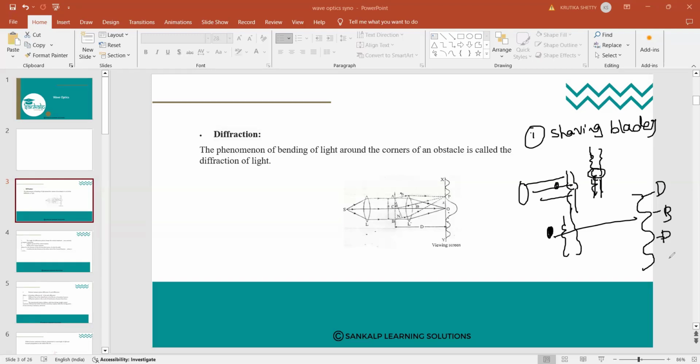This is due to the diffraction phenomenon. Is it clear? Place a source in front of the blade, then observe on the opposite side, put a screen or a plain wall, and you will get different bands, alternate dark and bright fringes. So this is the diffraction example.